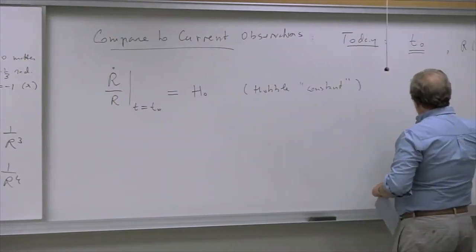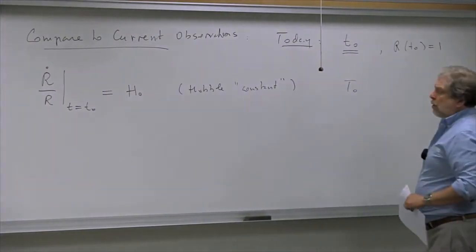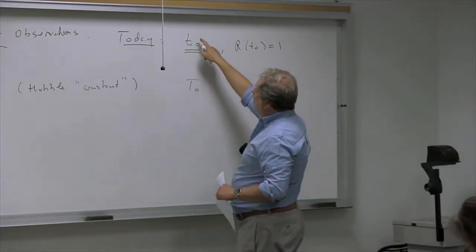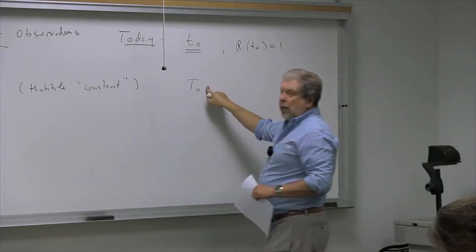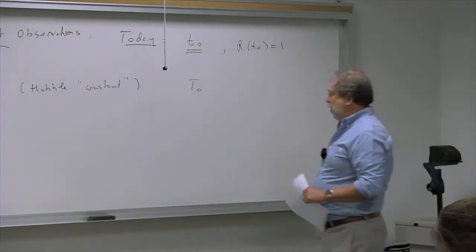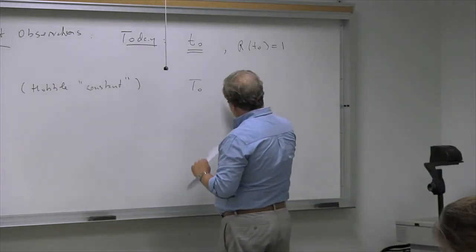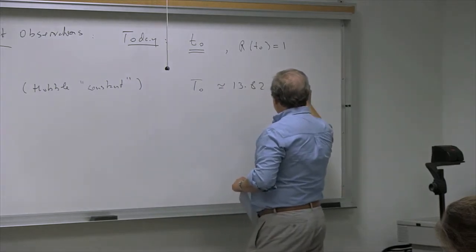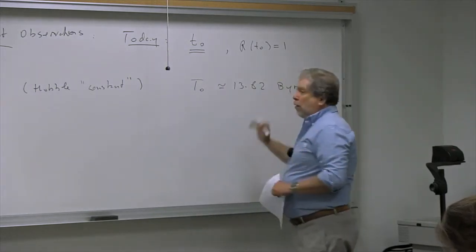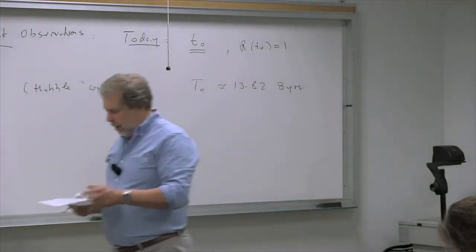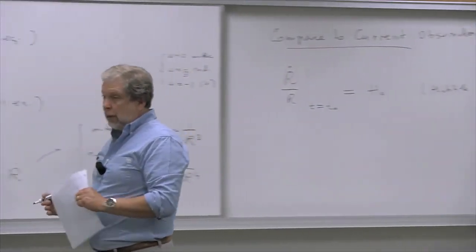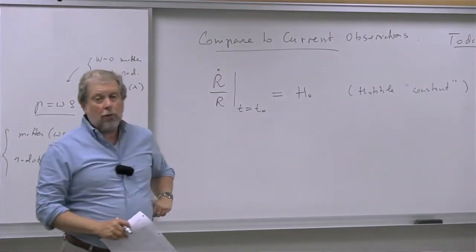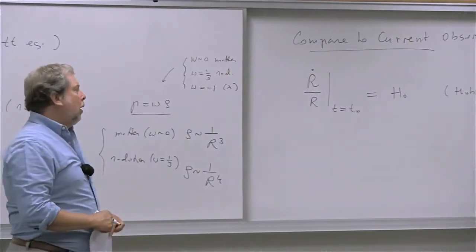We also do know, and we'll come back to this later on, that the time today versus the time when things started out is roughly of the order of 13.82 billion years. So we know that there is this time scale that comes in, which is related to the Hubble constant. You can see that the Hubble constant, in fact, has dimensions of 1 over time.